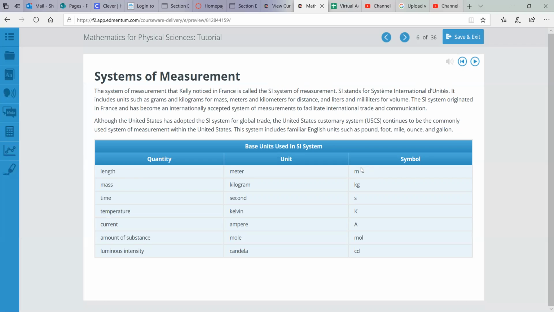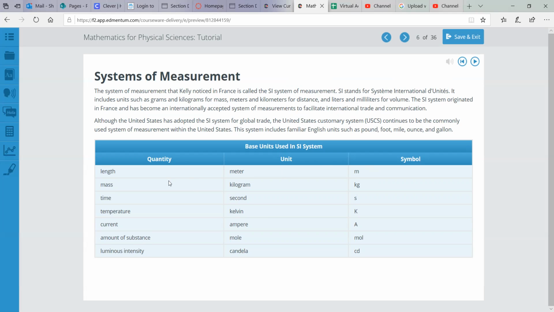The same way countries learn English because lots of other people learn English as a second language. So if everyone speaks at least a little English, it's a little easier to communicate. Same thing with the system of measurement. If everyone uses the SI system, it just makes things easier to communicate.